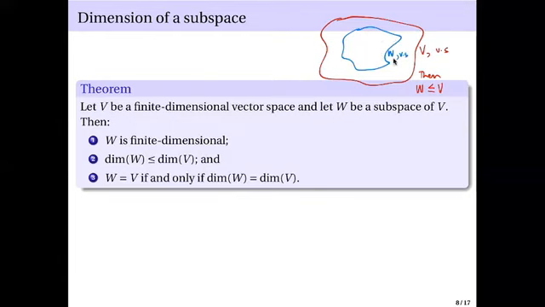And of course, the dimension of W cannot exceed the dimension of V. So the dimension of W will be less than or equal to the dimension of V. And V equals W if and only if they have the same dimensions. So W equals V if and only if dimension of W equals dimension of V.